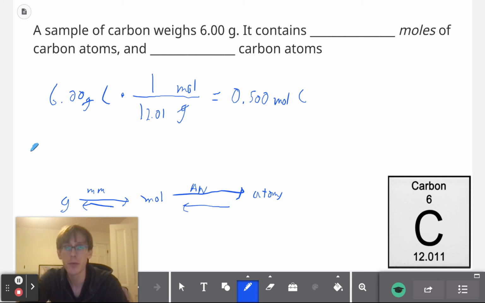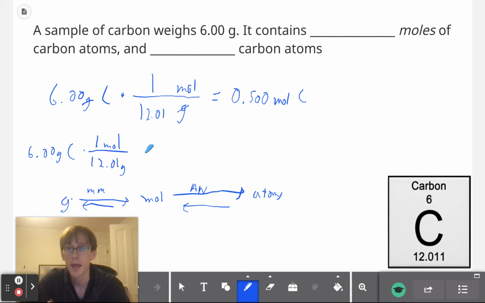We could say that we're starting with 6.00 grams of carbon. Now, if we're starting with grams and going to atoms, we need to first go to moles. So I could put in my 1 mole over 12.01 grams. And then from here, I get this canceled out, but we've got 1 mole.